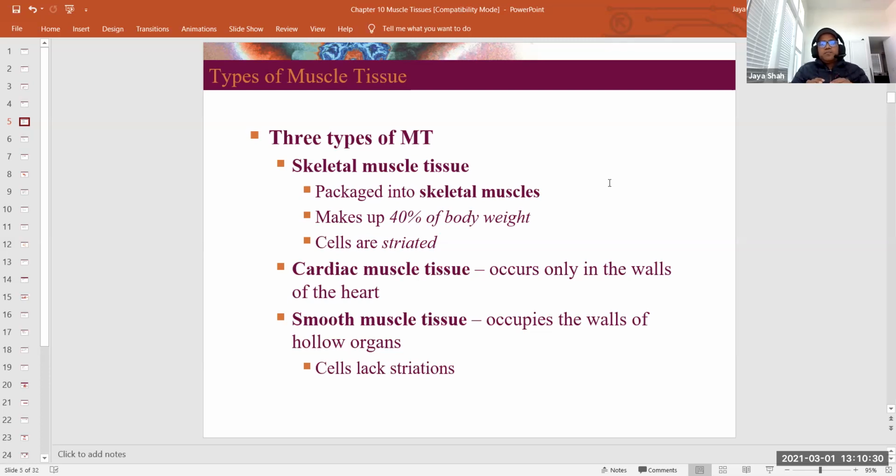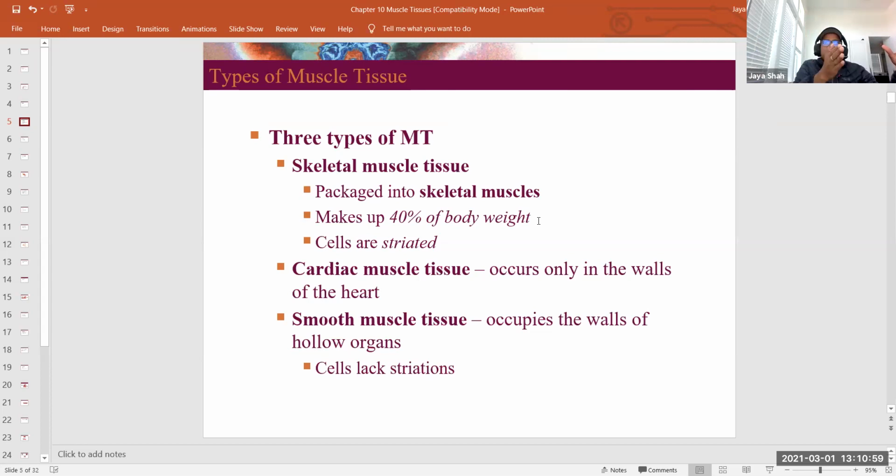These muscles are organs. Each muscle in your body is an organ because it is made up of several muscle cells, connective tissue, nerves, and blood vessels. It makes up 40% of your body weight, almost 40 to 50%. And skeletal muscle cells are striated, meaning they have stripes when you see them under a microscope.